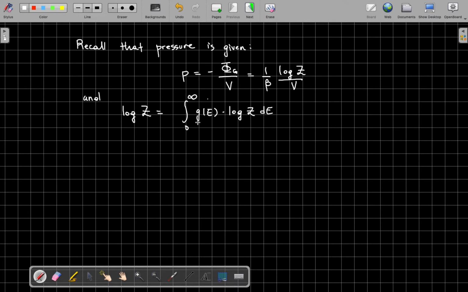This is going to take care of the excited states, but to take into account the ground state, we're also going to have to include the contribution due to the ground state, which is this. Recall that this is the expression for the density of states. At this point, it's essentially imprinted in your mind. It should be, after having repeated it so many times.